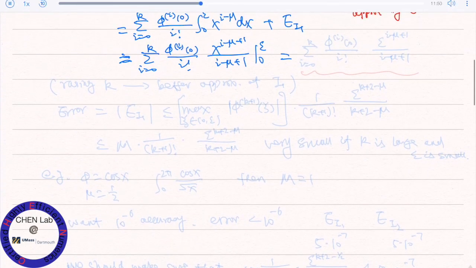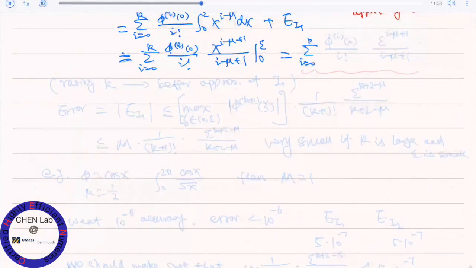Of course we can compute this, which is the summation from i equals 0 to k of phi i at 0 divided by i factorial times epsilon to the i minus mu plus 1 divided by i minus mu plus 1. You plug in 0, get a 0.